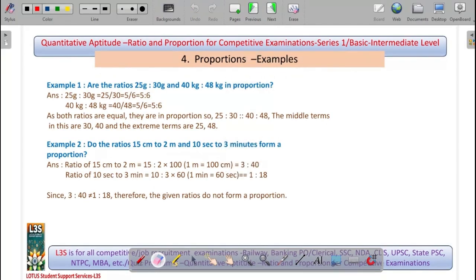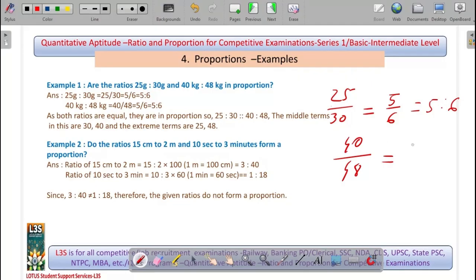Example of proportion: are the ratios 25 gram, 30 gram, and 40 kg, 48 kg in proportion? First we have to see 25 by 30 equals how much? 5 by 6, if we simplify. And 40 by 48, if we divide by 8, will be 5 by 6.